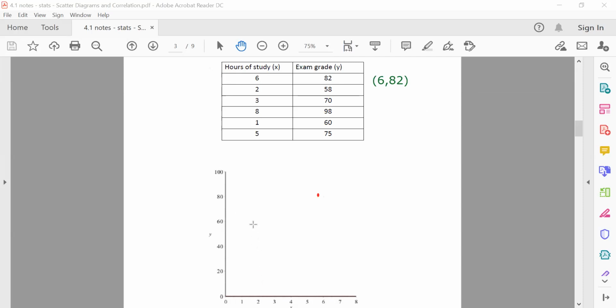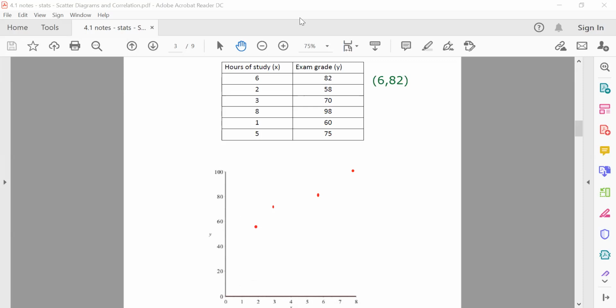So 2, 58 would be roughly that point. 3, 70 would be this point here. 8, 98. 1, 60.